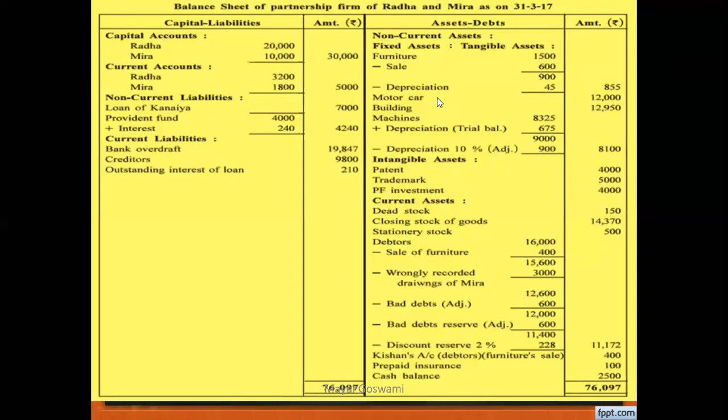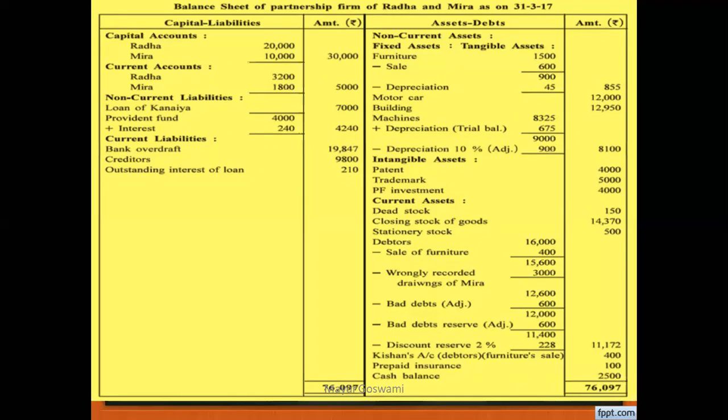So please come to the furniture side. Right here, less sale of furniture, but here you have to take the book value of that selling furniture. And the book value of that sale of furniture is 600. So subtract 600 over here. 1500 minus 600 comes to 900, right?